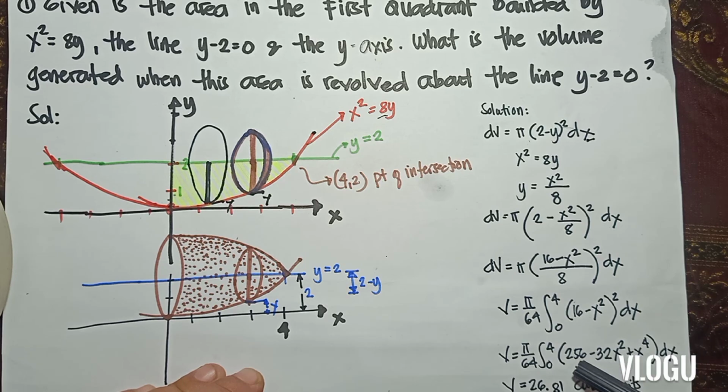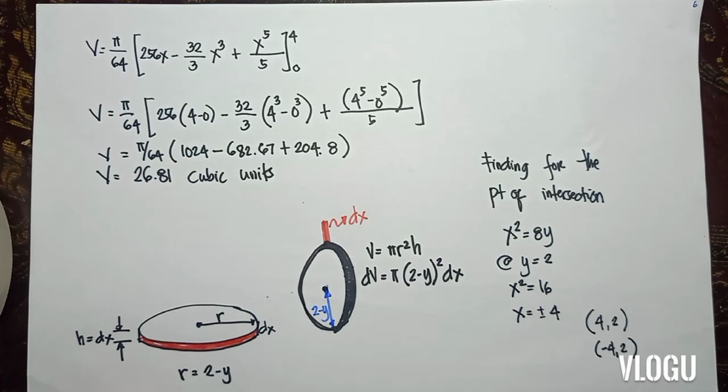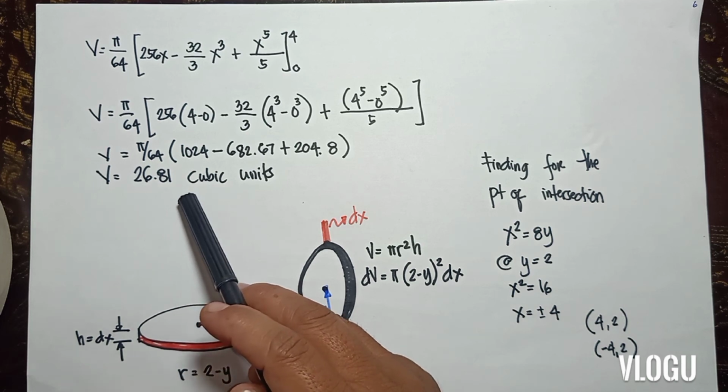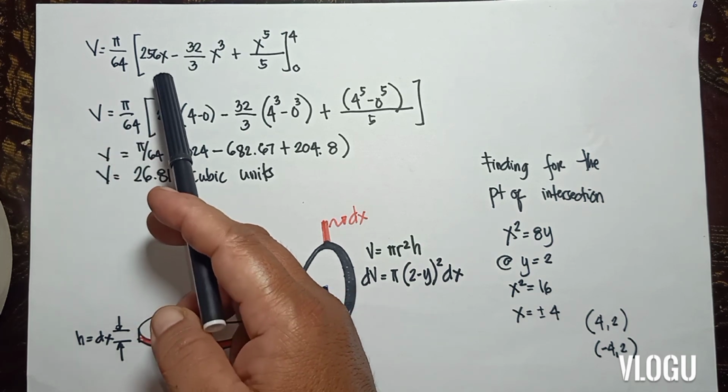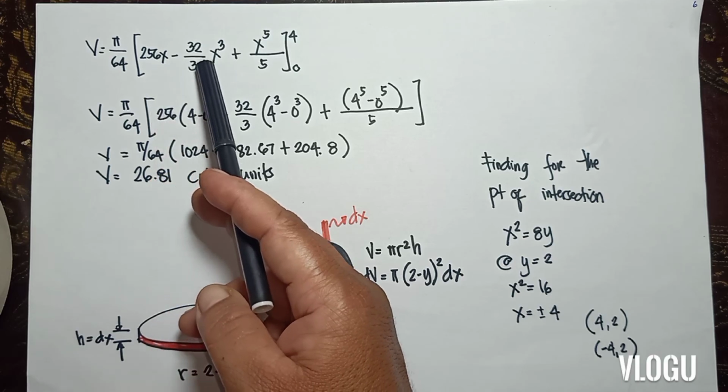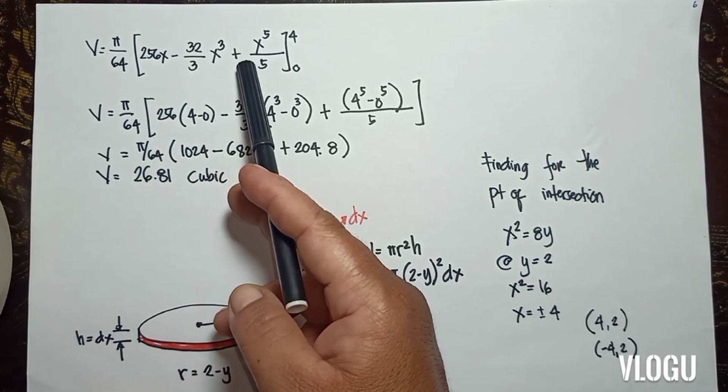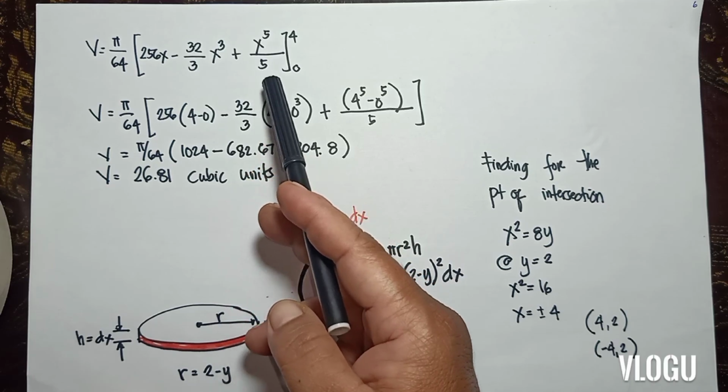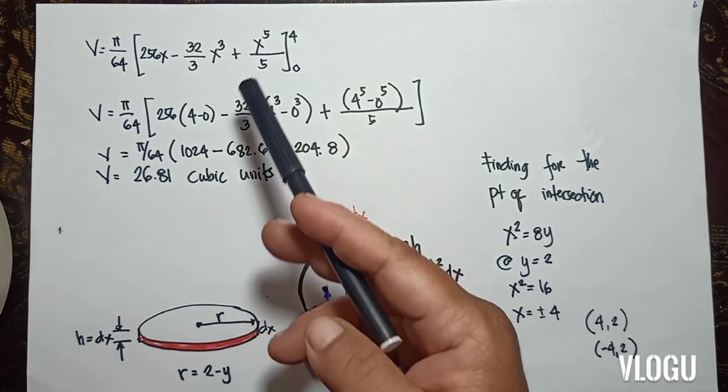And then we are going to evaluate this one, limit 0 to 4. Our answer will be equal to 26.81 cubic units. So here is the solution, how we arrive at 26.81 cubic units. So we have here 256x minus 32 over 3 x cubed plus x to the 5th over 5, evaluated from 0 to 4.